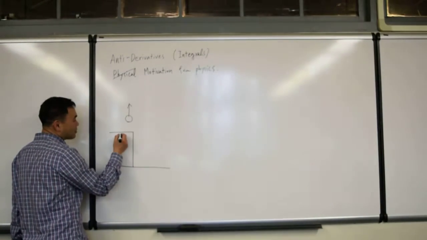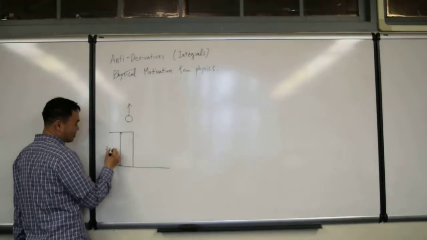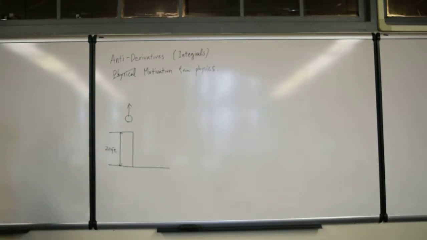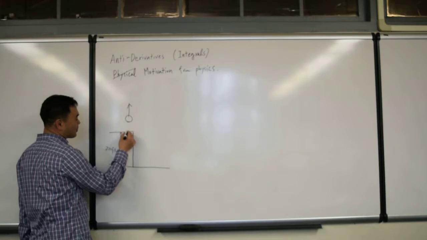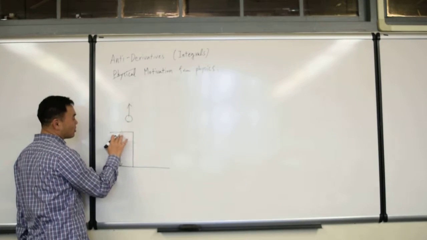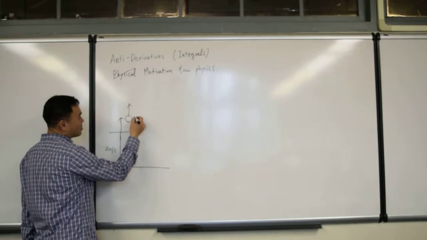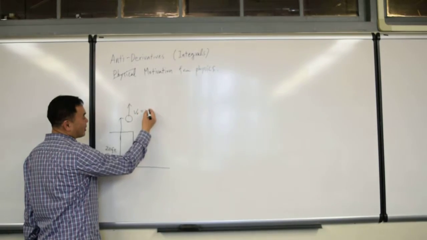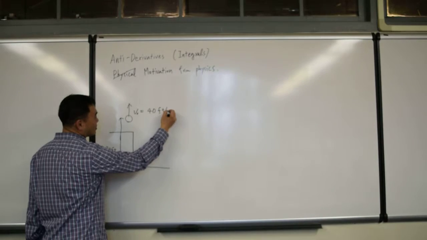So you have something like a 20 feet tall cliff, and then you throw a ball. Let's say the initial position of the ball is 20 feet, and the initial velocity, you throw the ball up by, say, 40 feet per second.